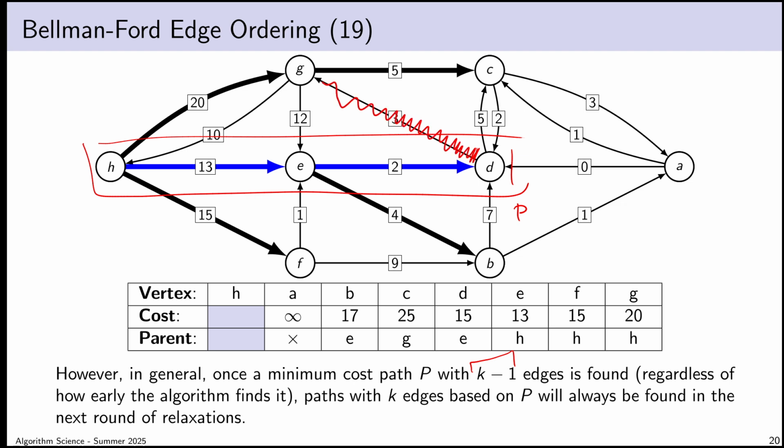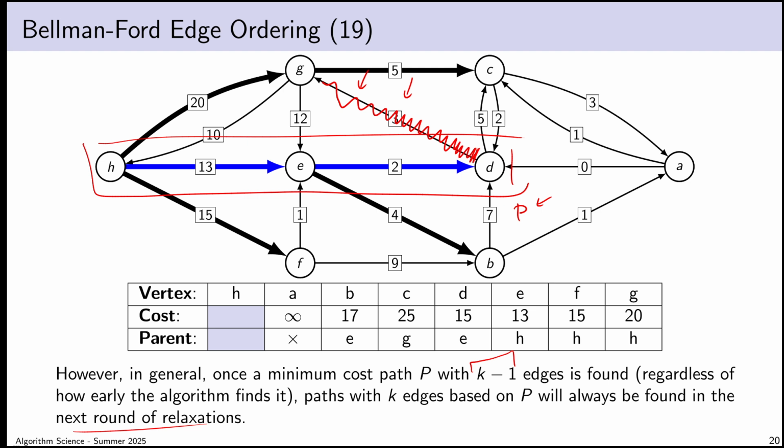So the path to vertex G is path P with 1 extra edge added to the end of it. Once the algorithm finds path P, we're only 1 iteration away from finding any path that is a single edge extension of path P. And we're guaranteed we'll find that path in the next round of relaxations. So actually what's happening here is I'm slowly developing the theory that this whole business about a round of relaxations isn't really the thing I care about.